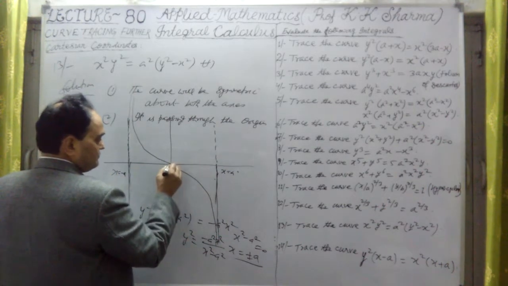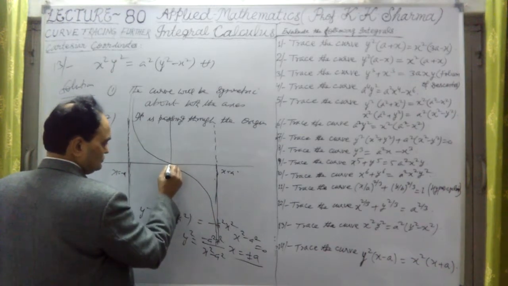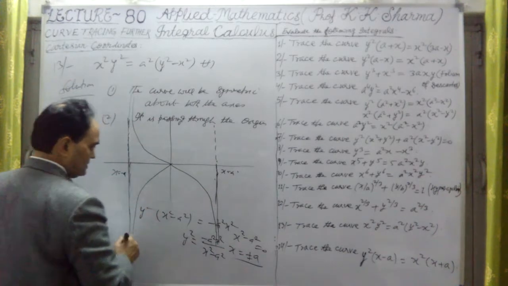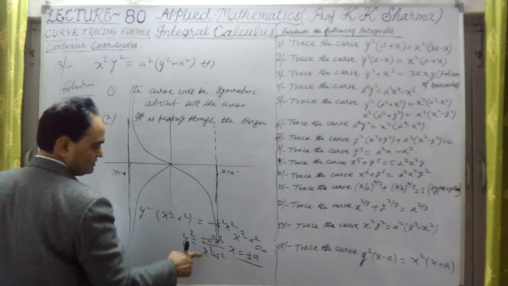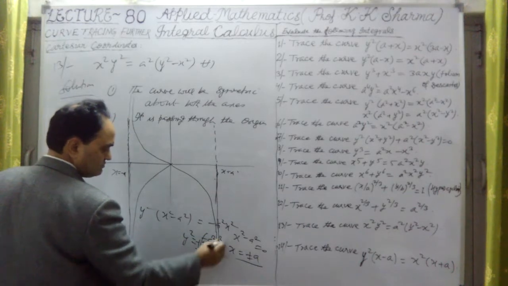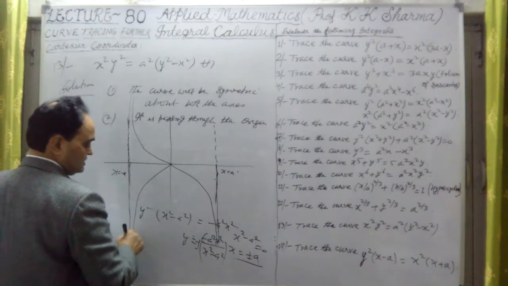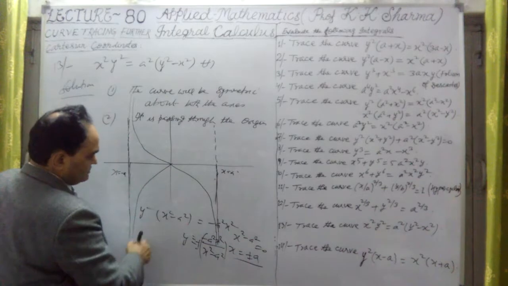Okay, similarly, there is a plus minus sign here. When x tends to a negative value, y is coming out plus minus here. So y will be, at minus a, plus infinity and minus infinity as well.